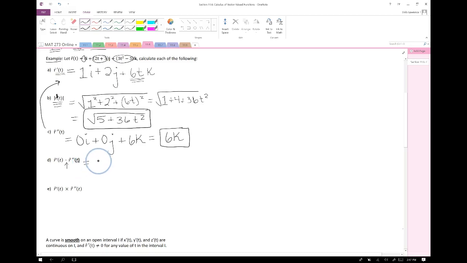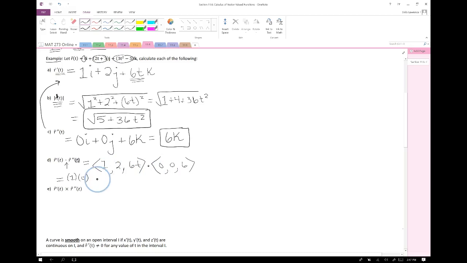So what we're doing here is r prime, which has components 1, 2, and 6t, and we want to dot that with r double prime, which had components 0, 0, and 6. So remember, with dot product, we're multiplying corresponding components.